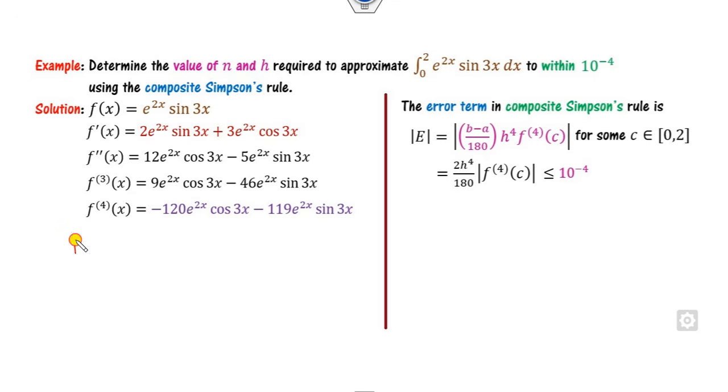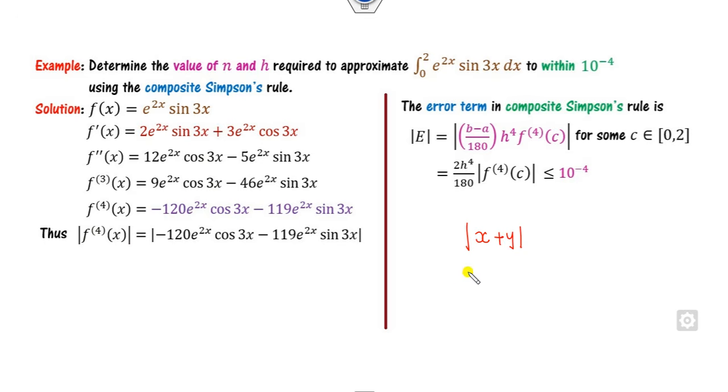Now how can you find the maximum value? I can start with this modulus value. What is that? This comes to be here. We all know that the mod of x plus y is always less than or equal to mod x plus mod y. So this is less than or equal to 120 e raised to power 2x cos of 3x plus, because minus mod is positive, 119 e raised to power 2x sine of 3x.